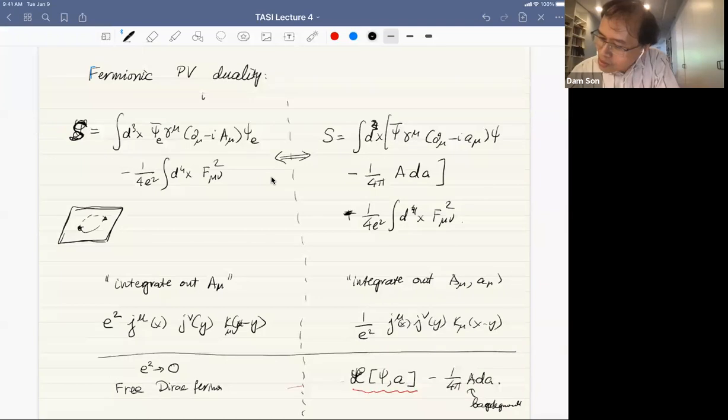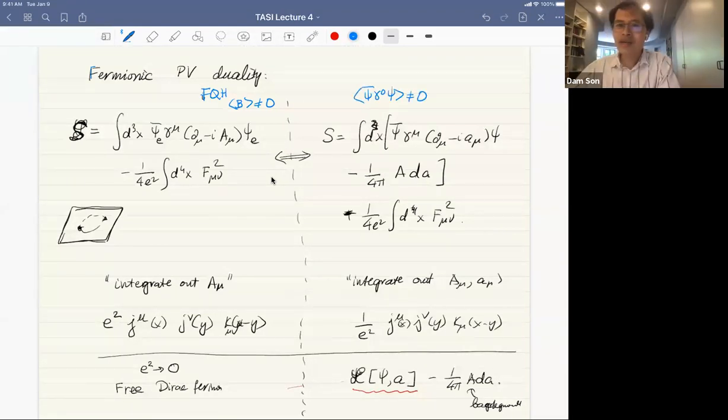So the fractional quantum Hall problem requires introduction of a non-zero magnetic field on this side, which, as we said, corresponds to a non-zero density on the other side.